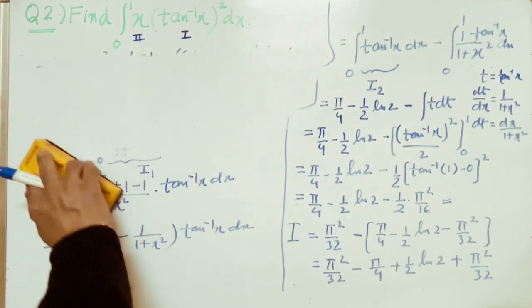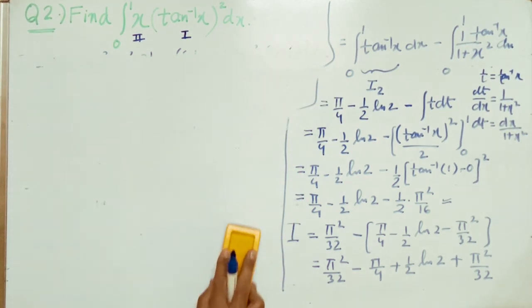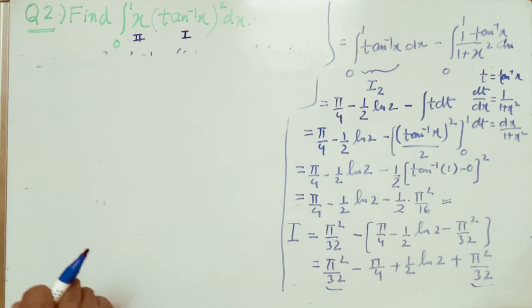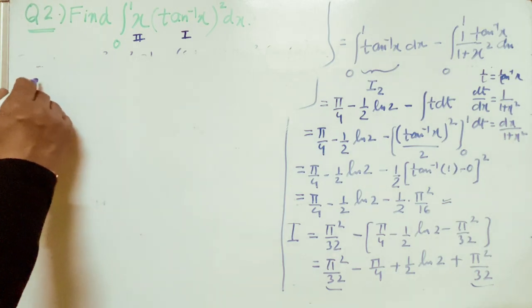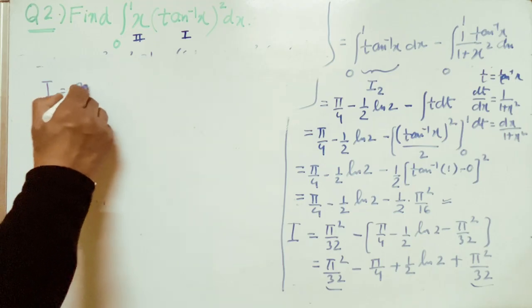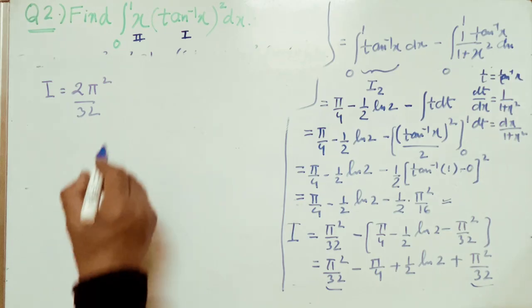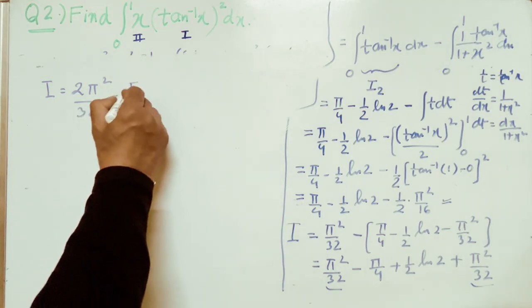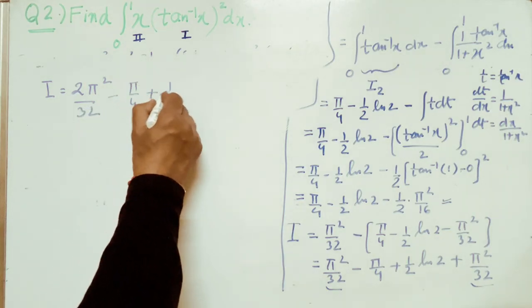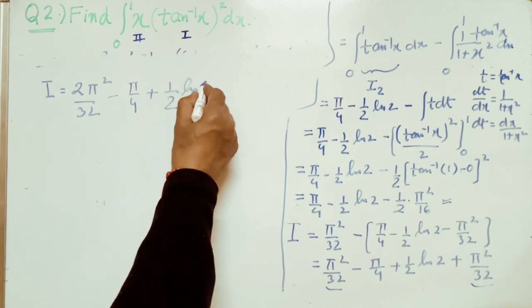We'll put our final answer here. So pi square over 32 plus pi square over 32. This will become 2 pi square over 32 minus pi by 4 plus half ln 2.